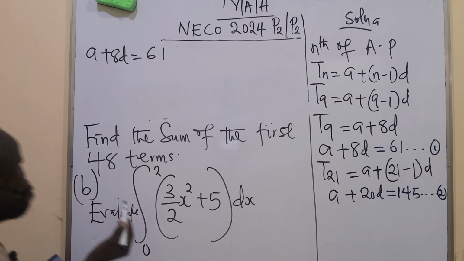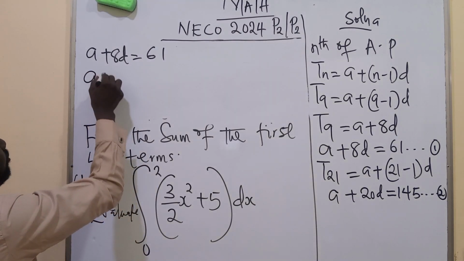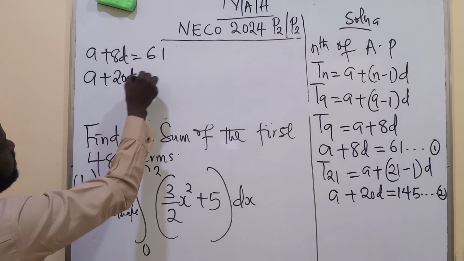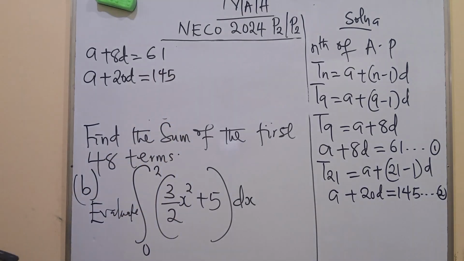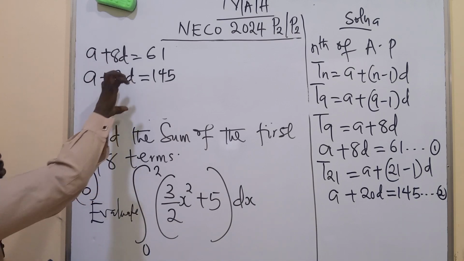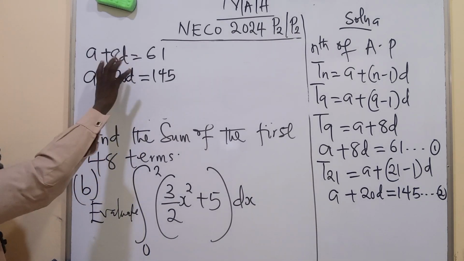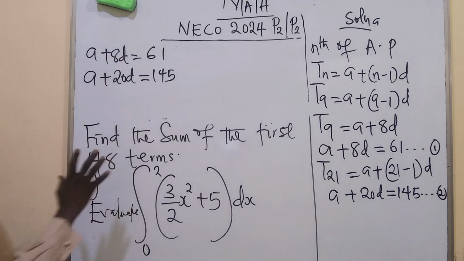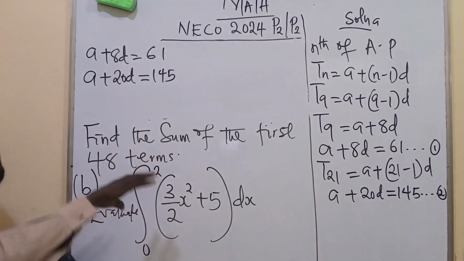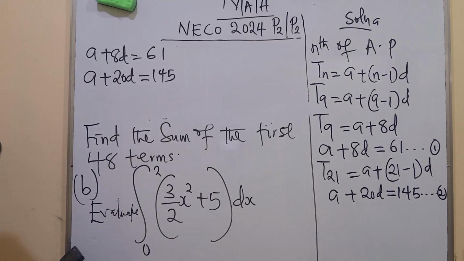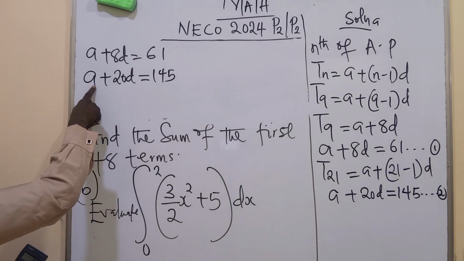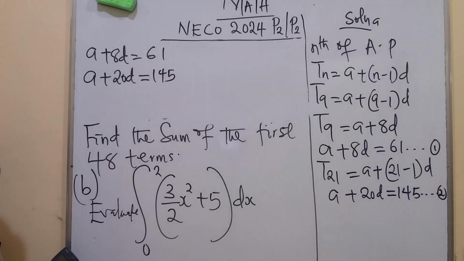Then our equation 2 is A plus 20D equal 145. So at this point, we can use one of the methods because this is simultaneous. We have two unknowns here. We can apply any of the methods of simultaneous equation, either elimination method or substitution method. Let's eliminate A. Let's apply elimination method. What does that mean? We have to subtract equation 2 from equation 1.